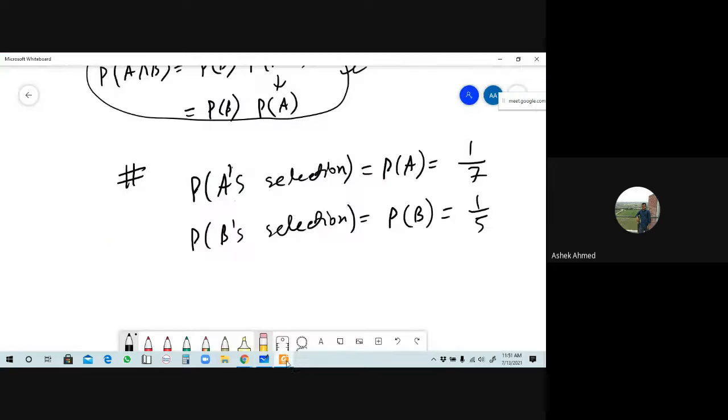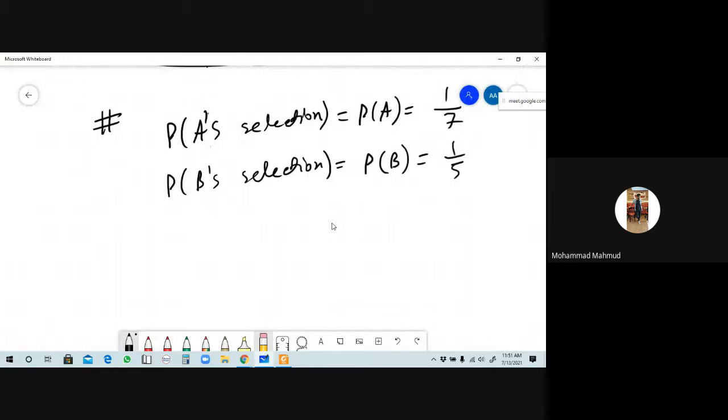What do you mean by this? 1/5 into 1/7. That means this represents the probability that both will be selected.